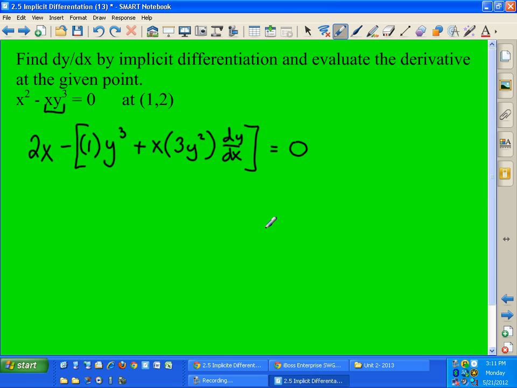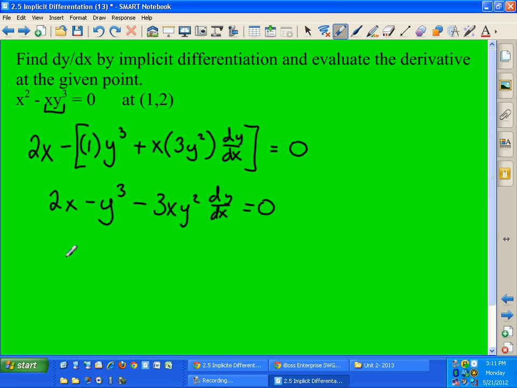I can get rid of all these parentheses and multiply it all out to get things a little bit better. So I've got 2x minus y cubed minus 3xy squared dy dx equals 0. I distributed and got rid of parentheses. Now anything that doesn't have a dy dx is going to move across the equal sign. So I'd subtract the 2x and add the y cubed.